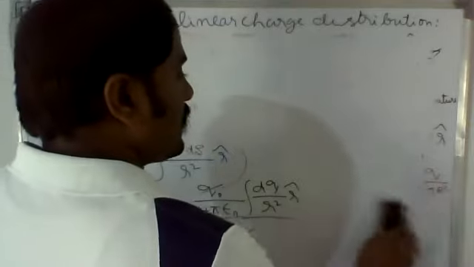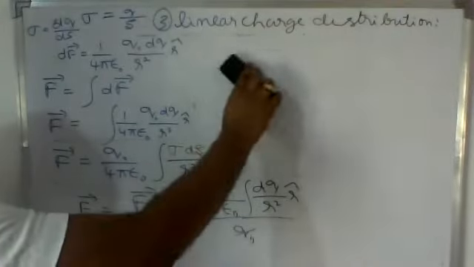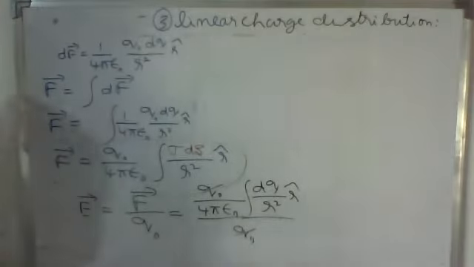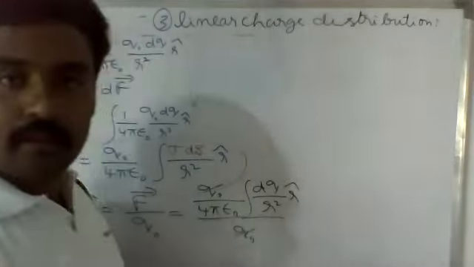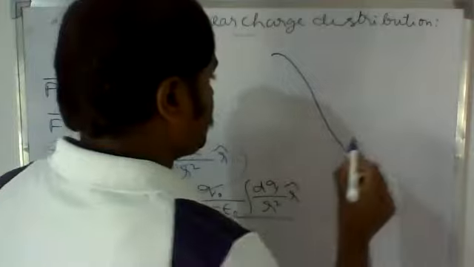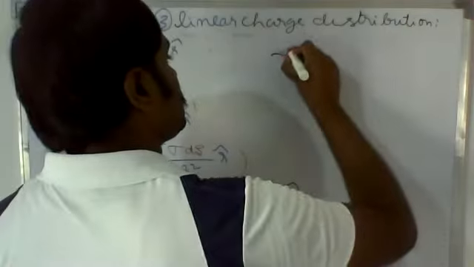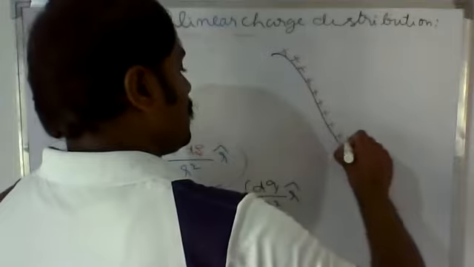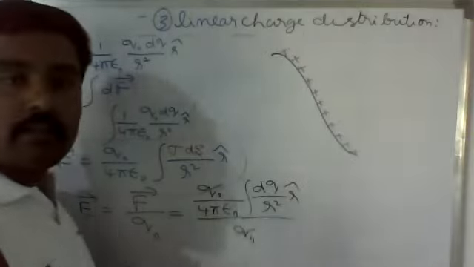Linear or line charge distribution means a charge spreads over a one dimensional line or curve in space.